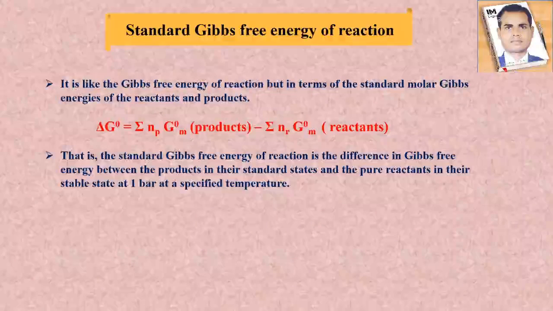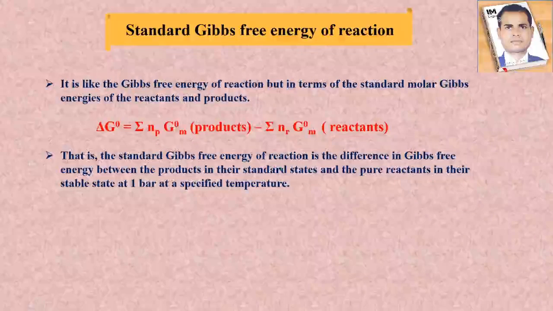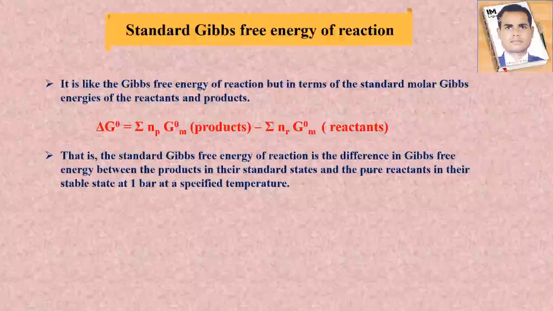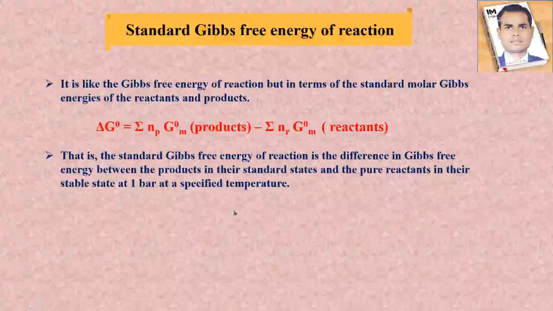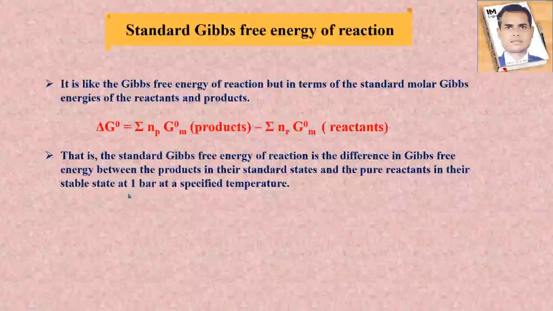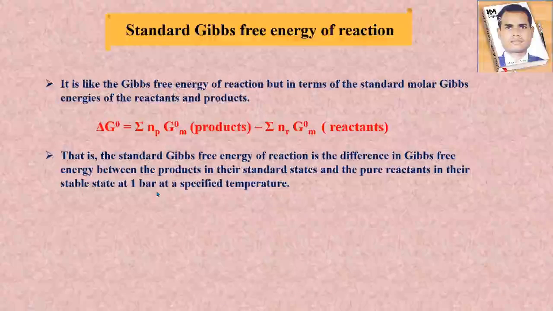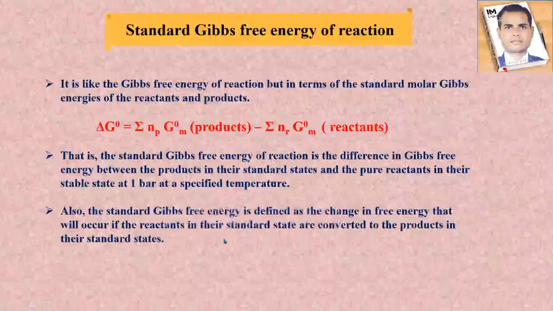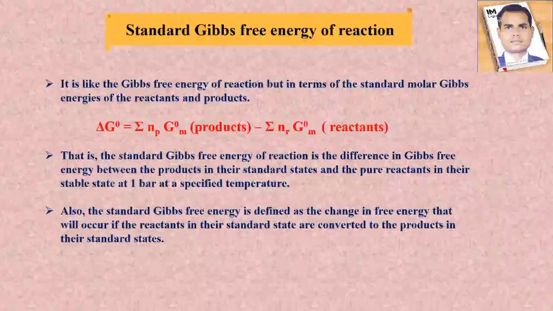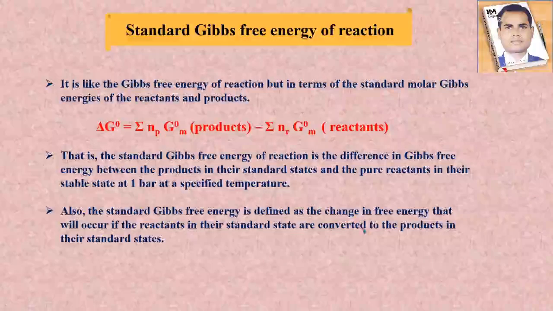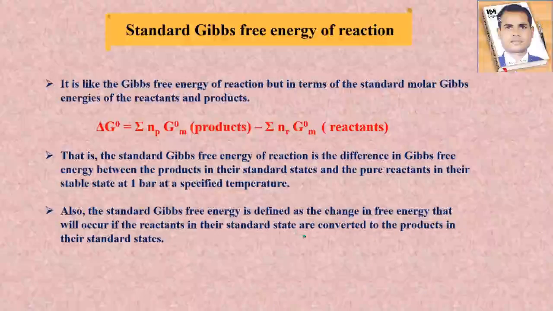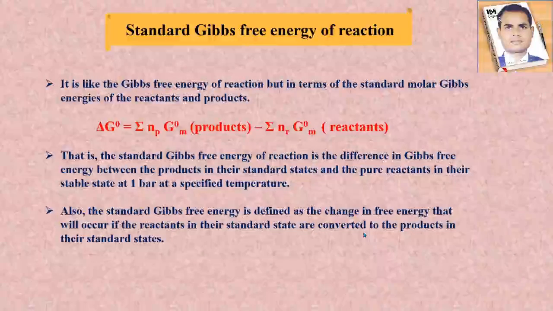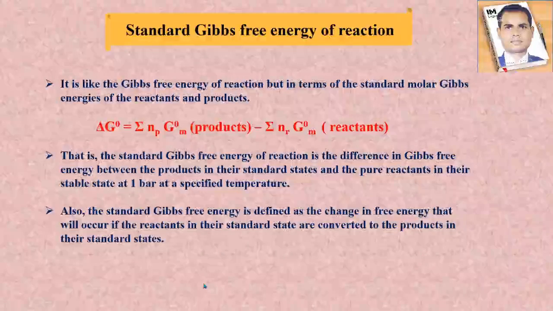So the standard Gibbs free energy of reaction is the difference in Gibbs free energy between the products in their standard states and the pure reactants in their stable state at 1 bar at a specified temperature, right? And also standard Gibbs free energy is defined as the change in free energy that will occur if the reactants in their standard state are converted to the products in their standard state.